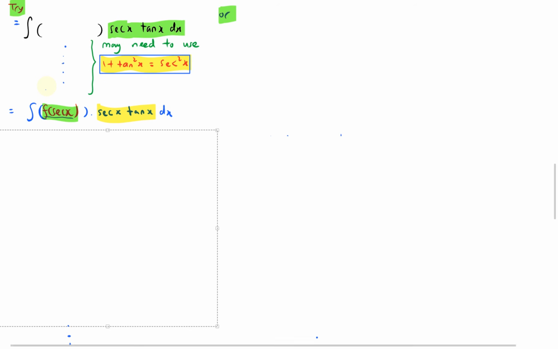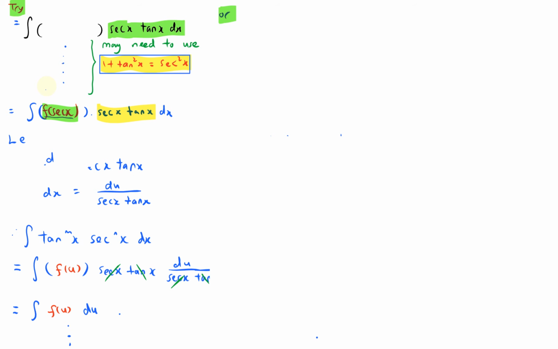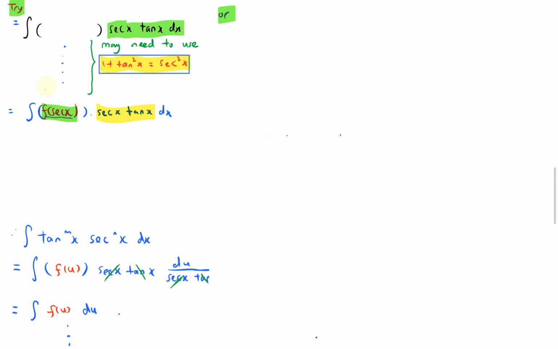After this step, what should we do? We will do the substitution. Let me redo this part again, sorry about that. We say let u, the u substitution, equal secant x.